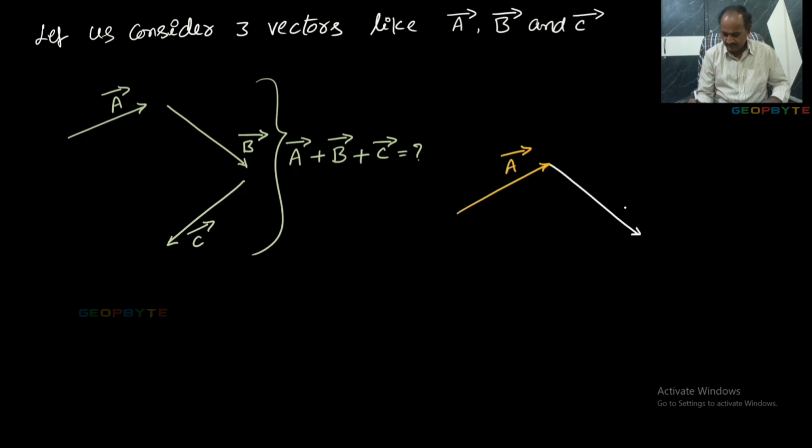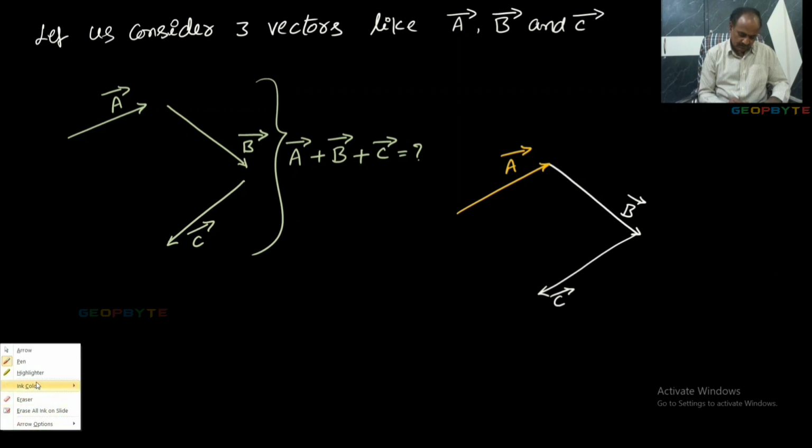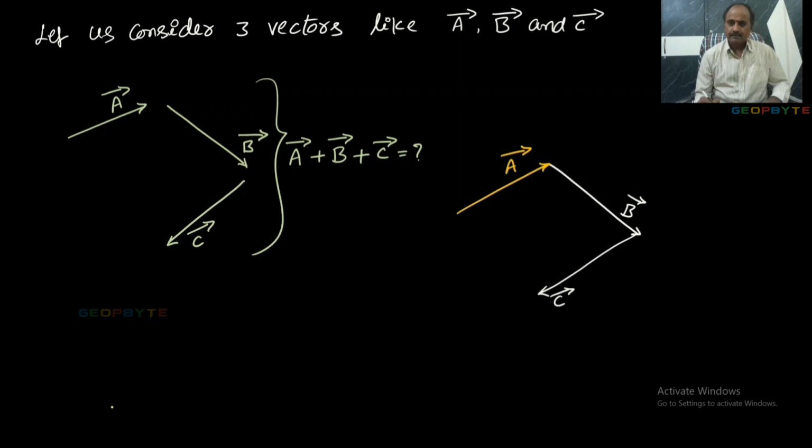This is the vector B. Then join the tail of the vector C to the head of the vector B, in the same direction as that of vector C. Then join the starting point of the first vector and the ending point of the last vector.